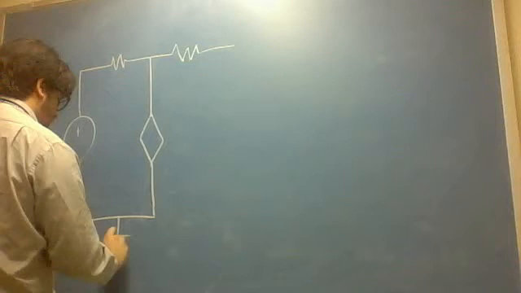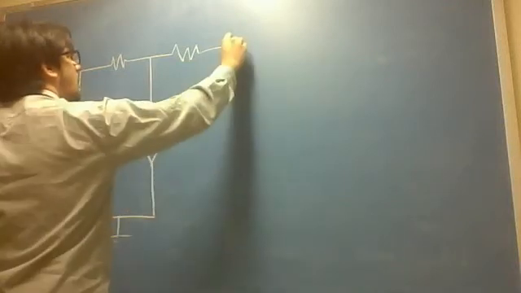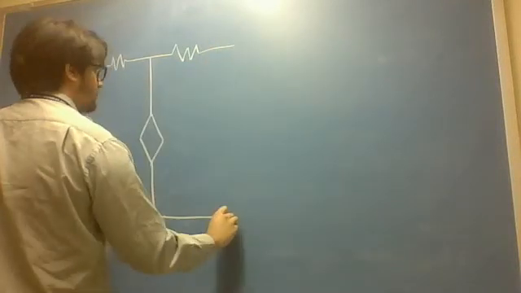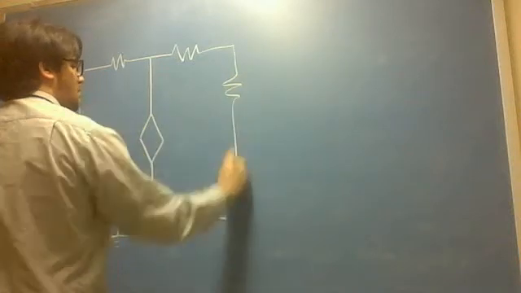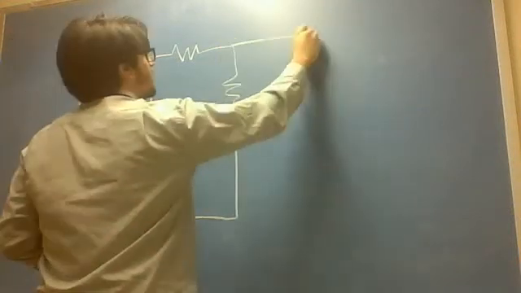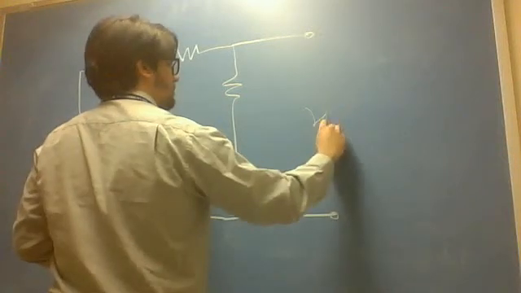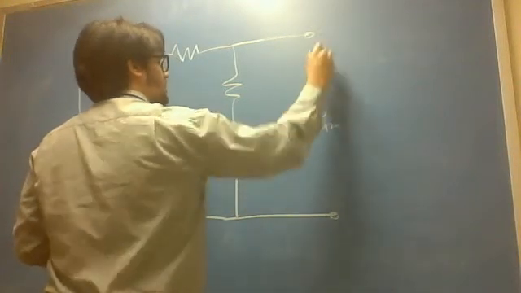It's connected to ground, and so we have that so far, and then we have maybe another resistor here, and then here we have V open. So V open, plus minus.